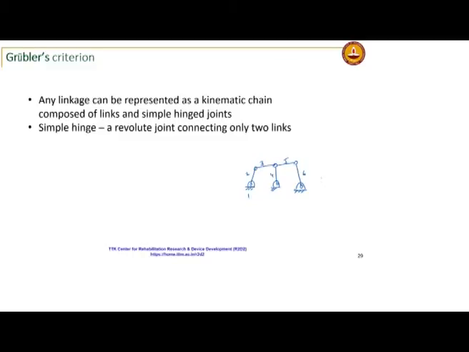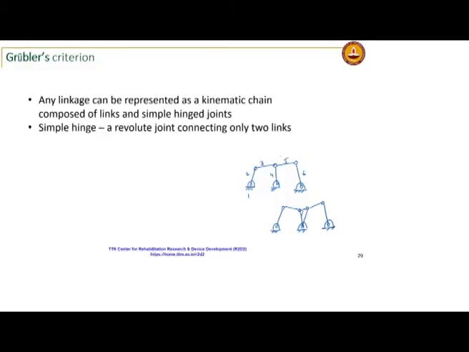I want to represent this with only simple hinge joints. Here I have what is known as a multiple joint, with 3 links coming together at this joint. When I do my mobility calculation, I would count 2 links here. I do not want that, I want it to have only simple hinge joints, in which case I would redo this mechanism like this.